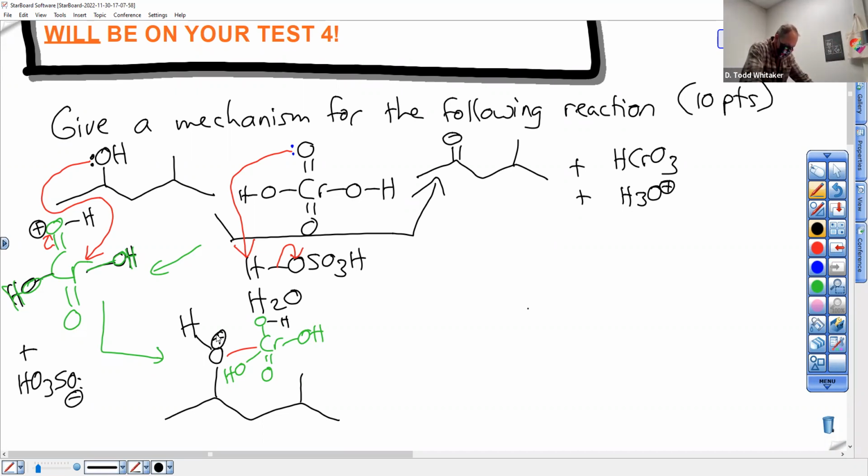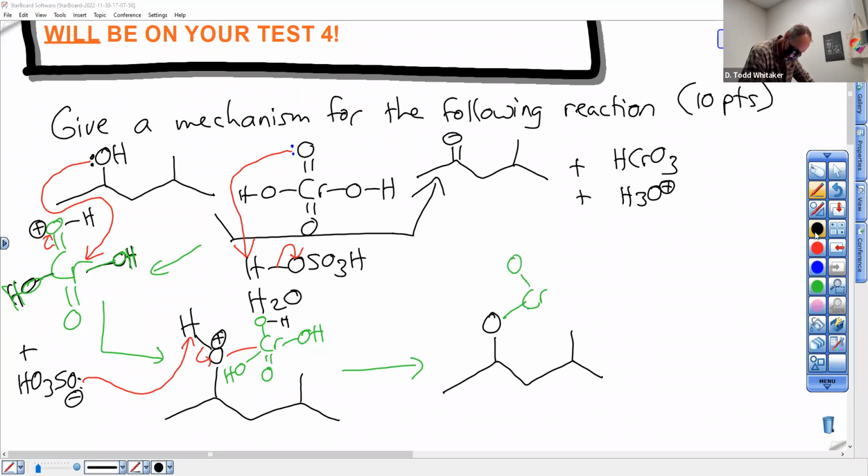That's an oxonium. Strong acid needs to be neutralized. Neutralize it. Yeah, I did it again. That needs to become this.